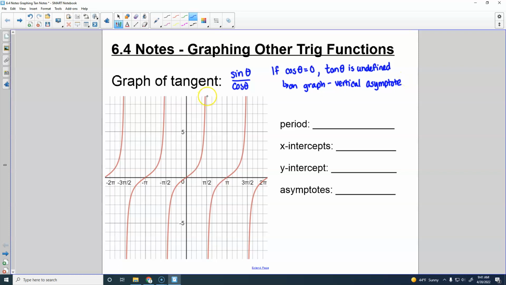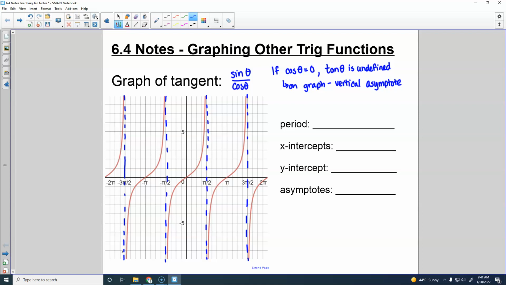So you'll notice that you have vertical asymptotes here at pi over 2, 3 pi over 2, negative pi over 2, and negative 3 pi over 2. So those vertical asymptotes, I'm really starting from the end here, I guess.